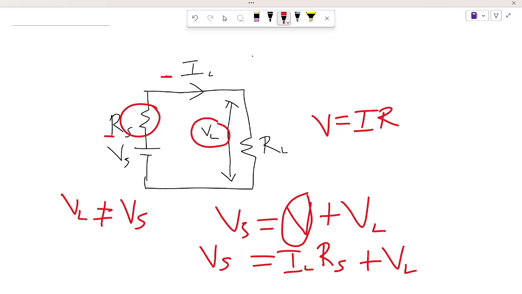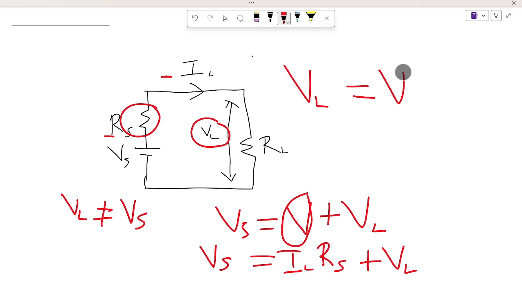So making the VL the subject, our VL is going to be equal to our Vs minus IL times Rs. So this is going to be the relation for the voltage across a resistor if we are using a practical voltage source.